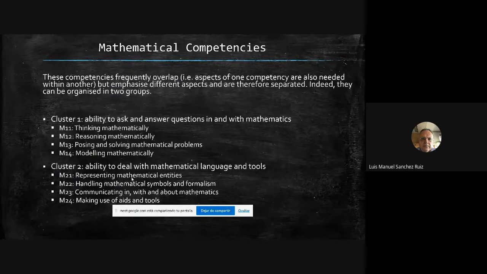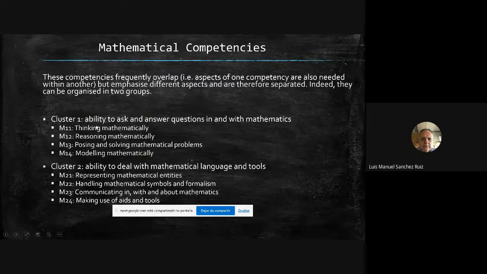These competencies frequently overlap. Sometimes the aspects of one competency are also needed to develop another one. But when they speak about each competency, they try to emphasize peculiar aspects, and for that reason, they are separated. In general, we can group them.